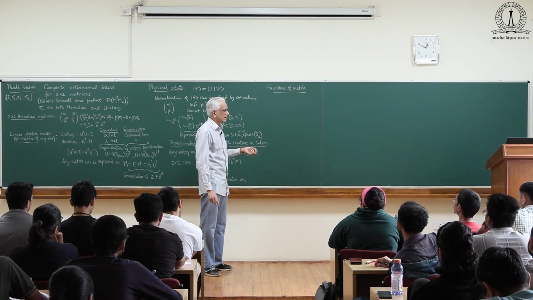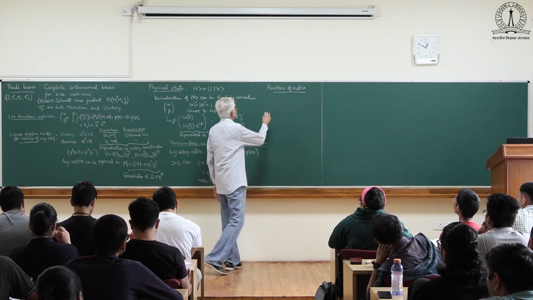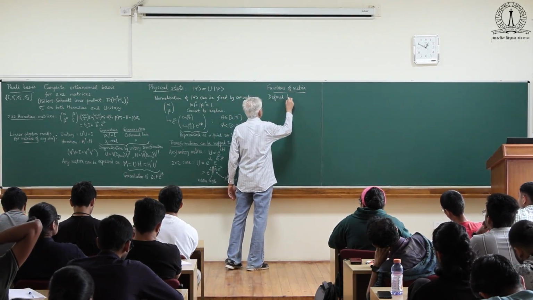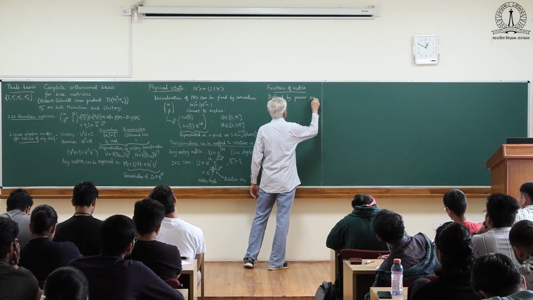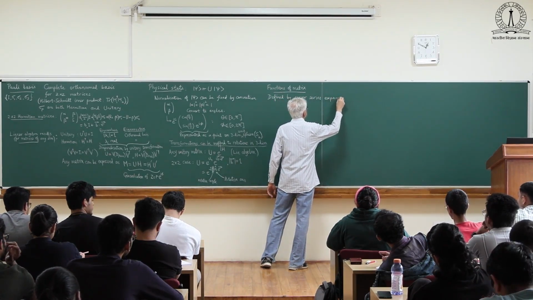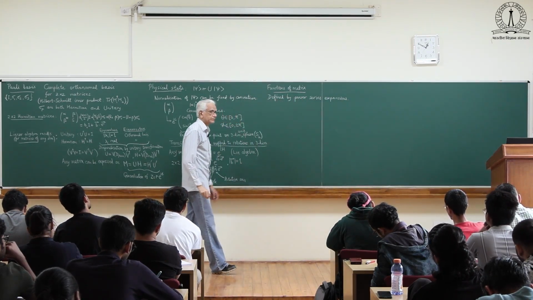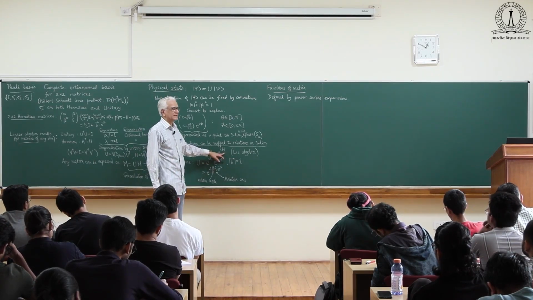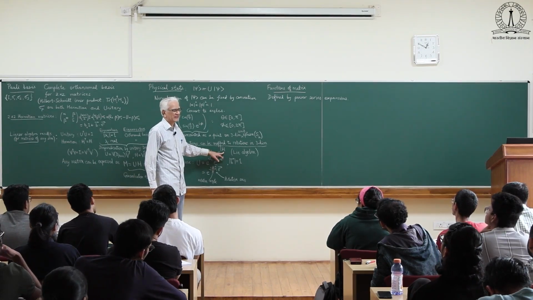So the easiest definition to understand what this is, is that these are defined by power series expansions. For example, I wrote down this over here. Nobody asked me how do I exponentiate a matrix.